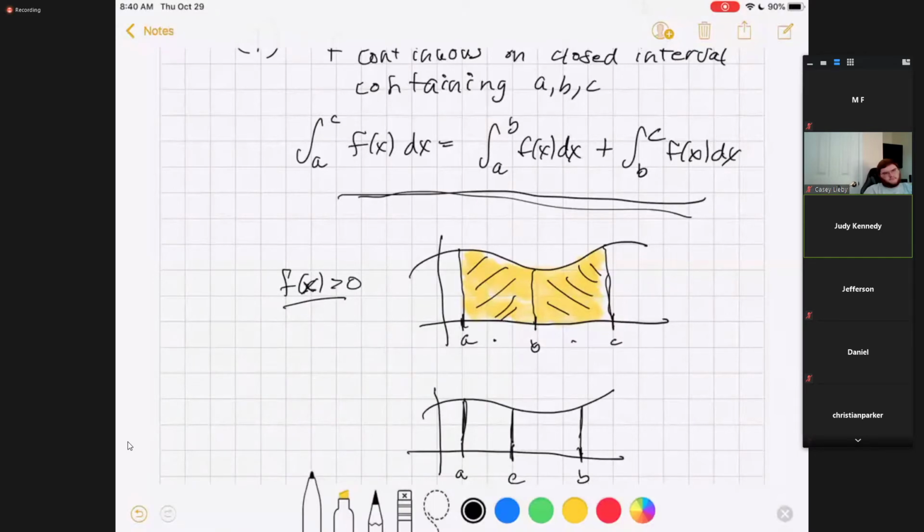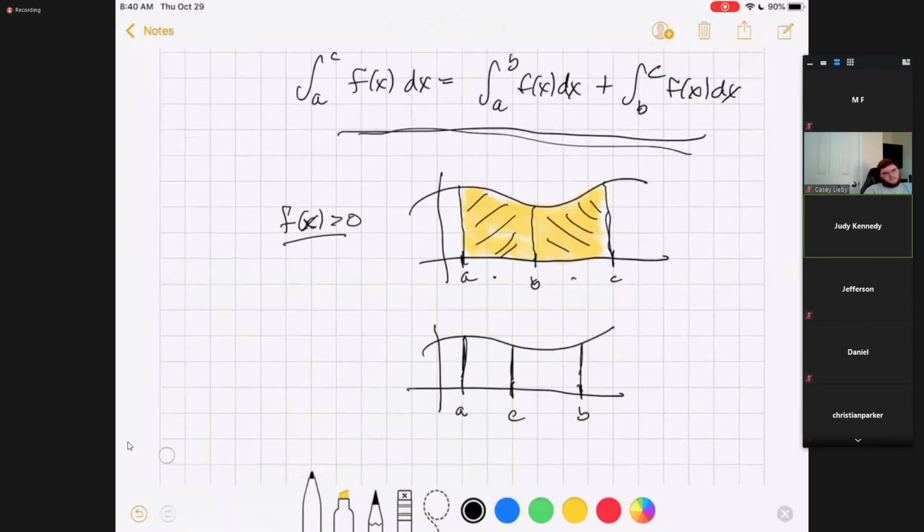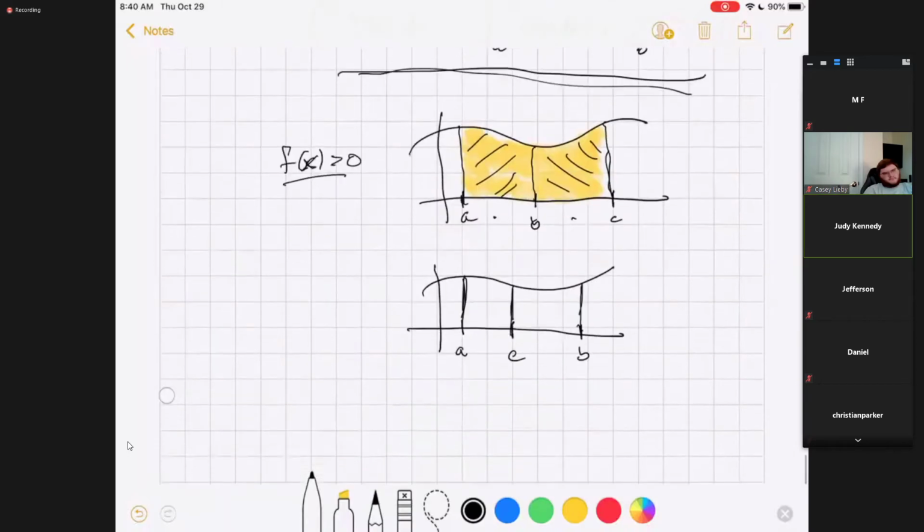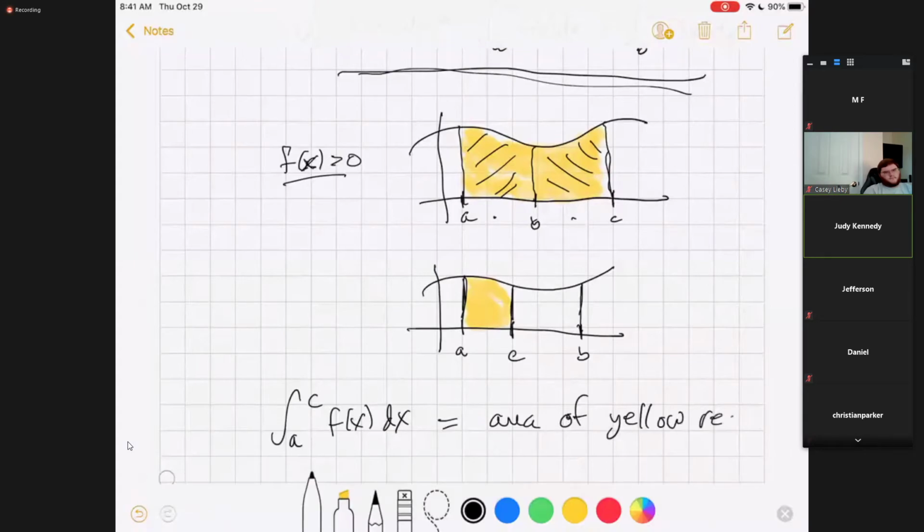The integral from a to c would be the area of this region. That's the area of the yellow region.